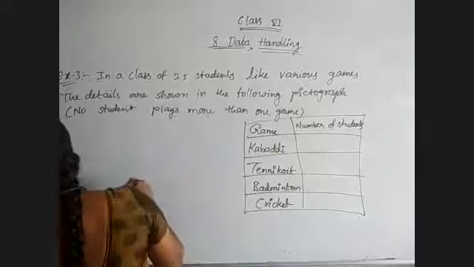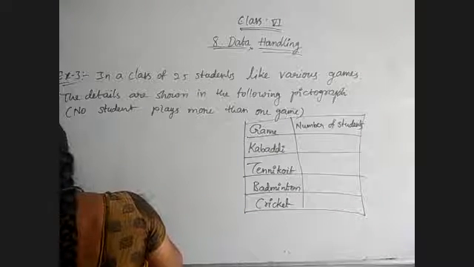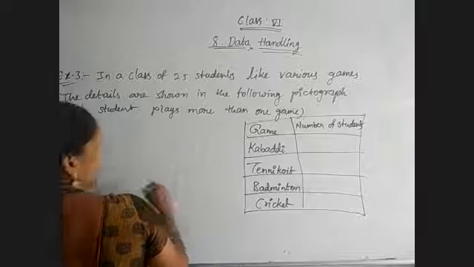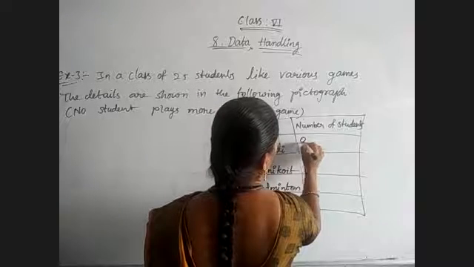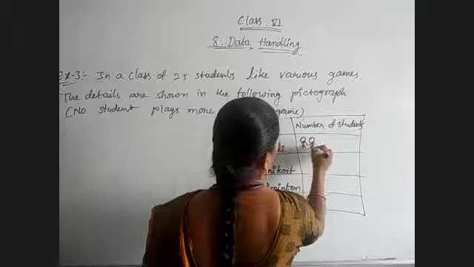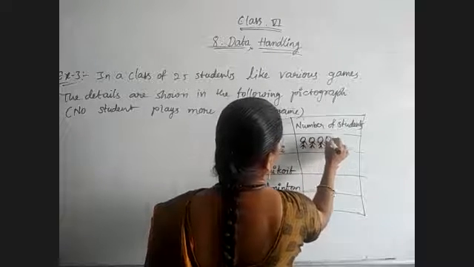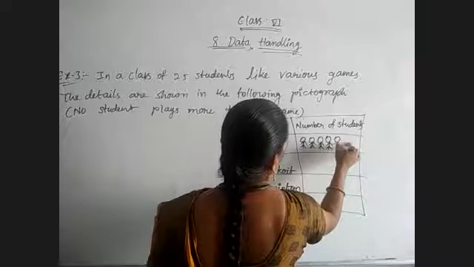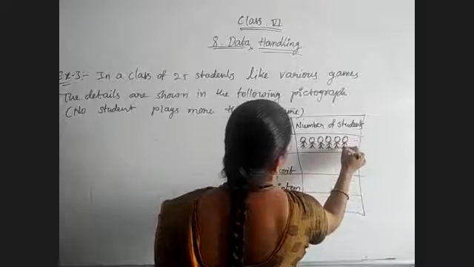Now kabaddi, total 1, 2, 3, 4, 5, 6, 7 symbols are given.